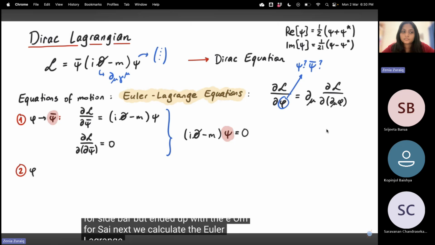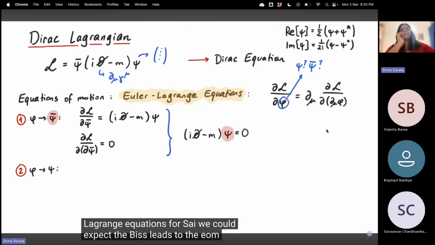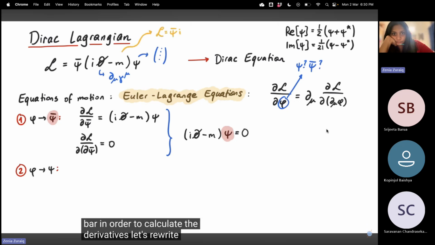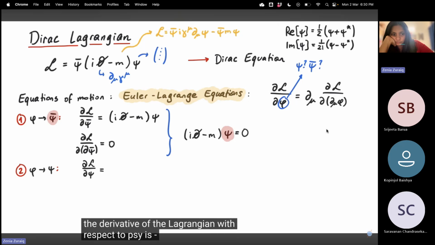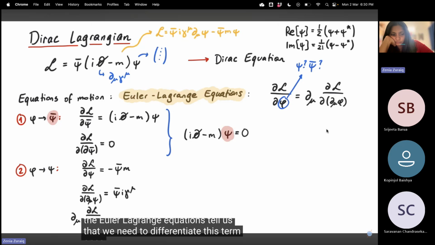Next, we calculate the Euler-Lagrange equations for psi. We could expect that this leads to the EOM for psi bar. In order to calculate the derivatives, let's rewrite the Lagrangian by multiplying the terms in brackets. The derivative of the Lagrangian with respect to psi is minus psi bar m. And the derivative with respect to the derivative of psi is psi bar i gamma mu. The Euler-Lagrange equations tell us that we need to differentiate this term once more.